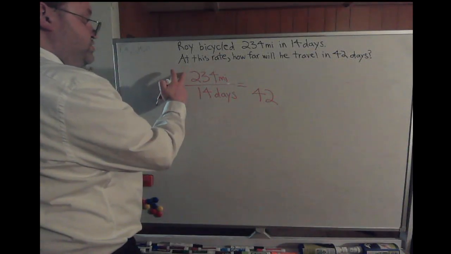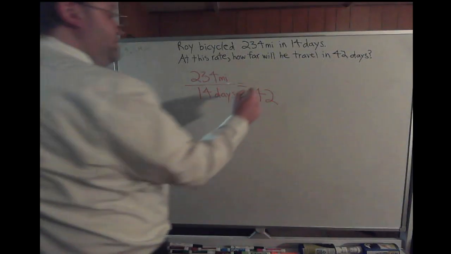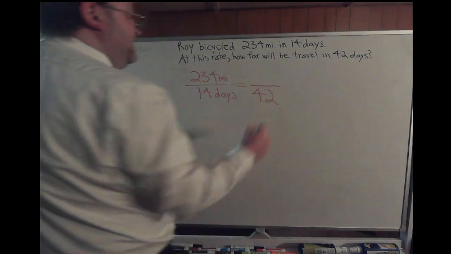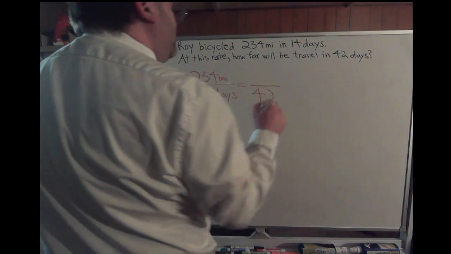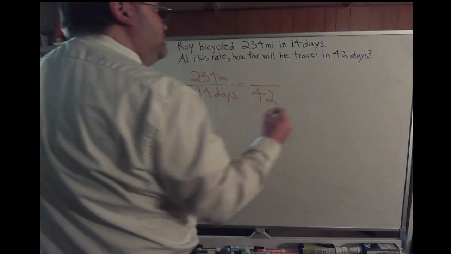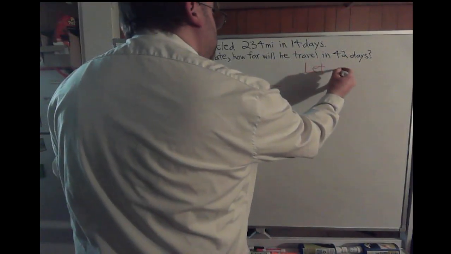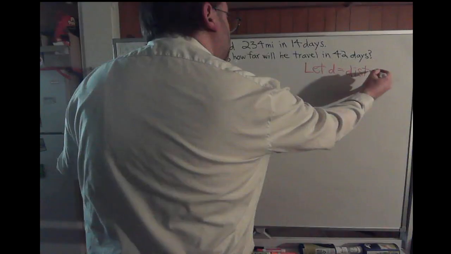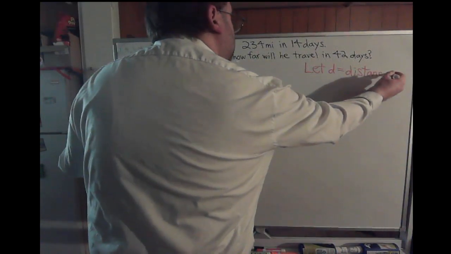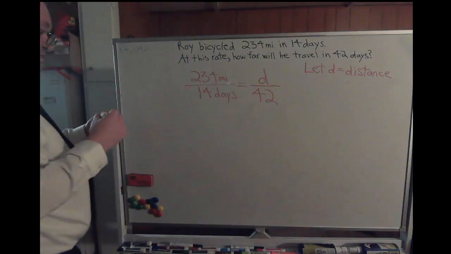You have one ratio: 234 miles to 14 days. The 42 days will be the denominator for the other ratio in the proportion. They want to know how far he'll travel in 42 days. So we'll let D equal the distance. We'll make that our variable.